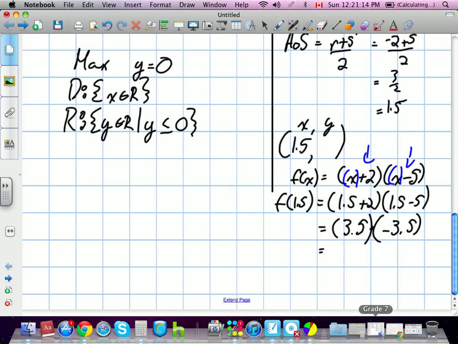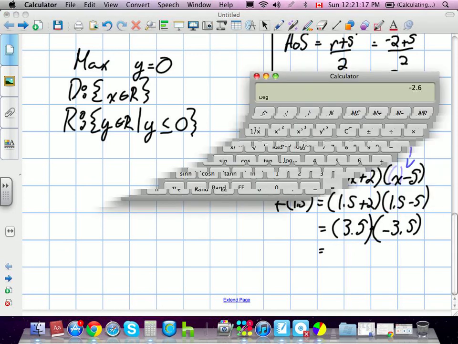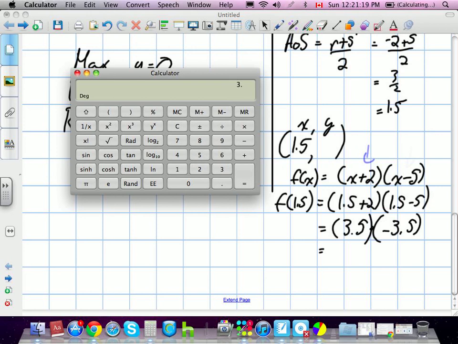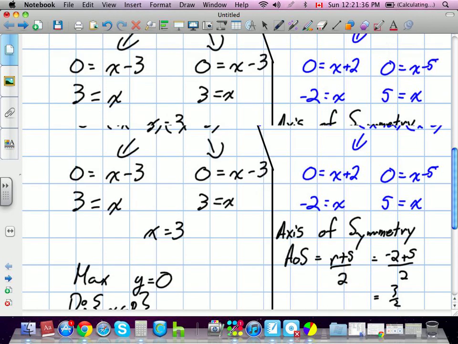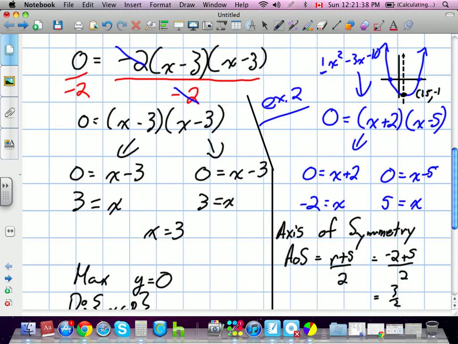So 3.5 times negative 3.5 is negative 12.25, which is the y value I've just discovered for the vertex. So when I go back up to our imaginary graph, it's negative 12.25. I know that doesn't look so nice, but that's the vertex, or the minimum. That's our minimum point, when y is equal to negative 12.25.